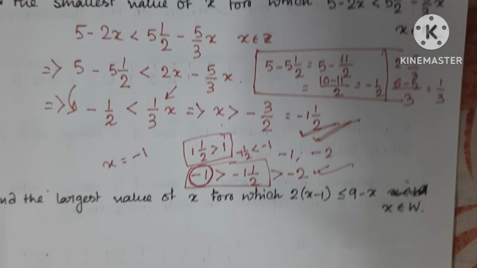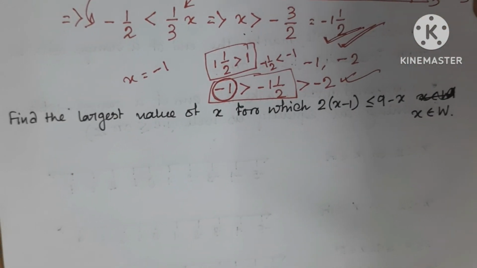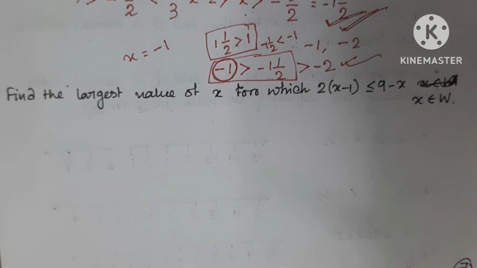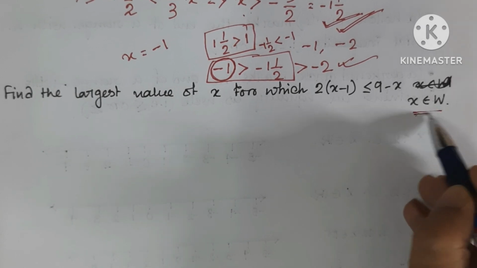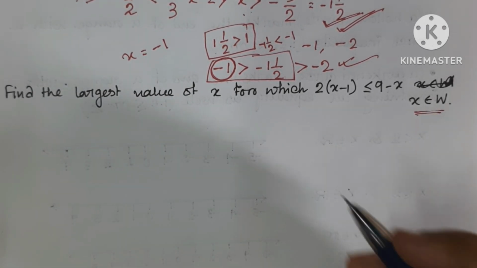Okay, and the next problem: find the largest value of x for which 2 into x minus 1 is less than or equal to 9 minus x, where x belongs to W. So here W is the replacement set.